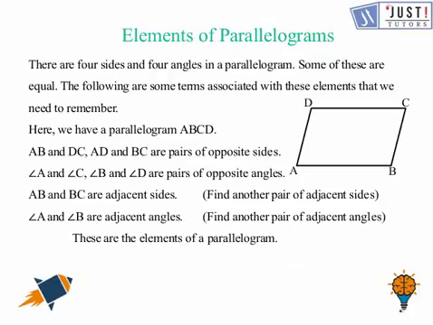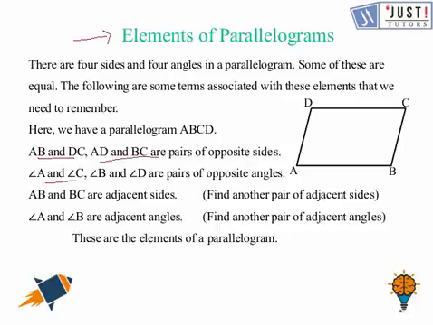Now we move ahead and learn some elements of parallelograms. A parallelogram has 4 sides and 4 angles. Opposite sides are parallel. The pairs of opposite sides are AB and CD, AD and BC.